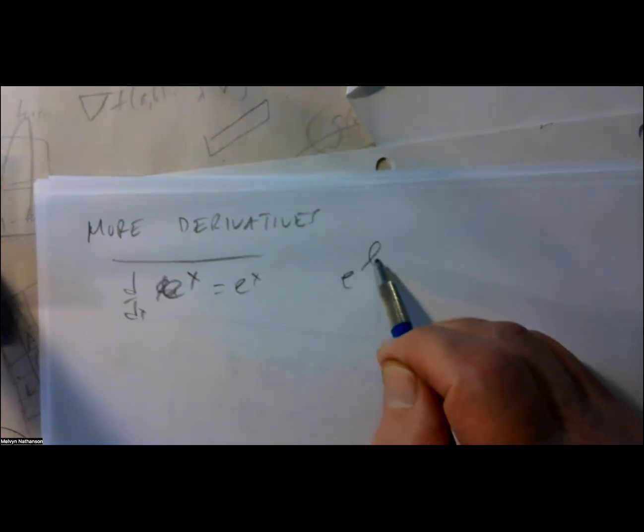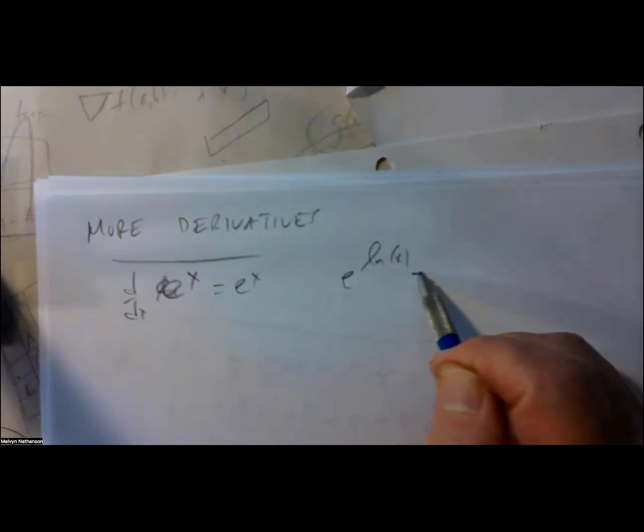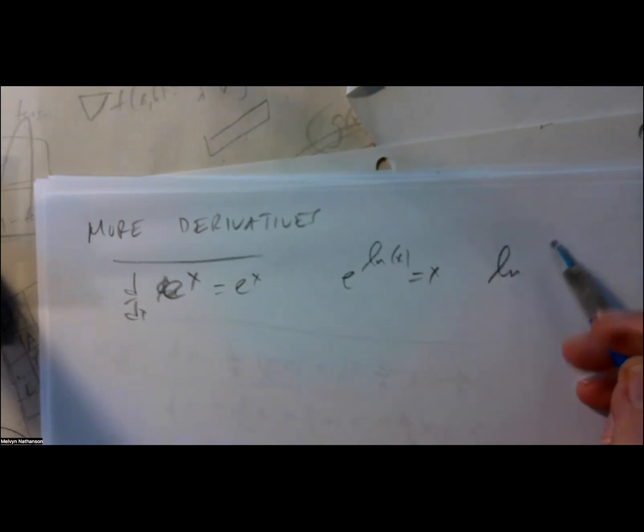If we take e to the ln of x, we get x. And if we take the log of e to the x, we get x. And we can use this to compute the derivative of the logarithm.